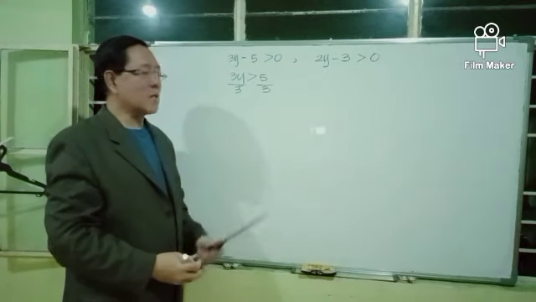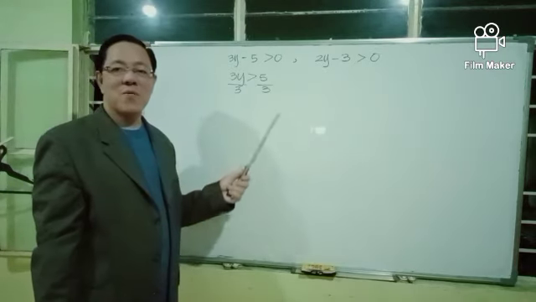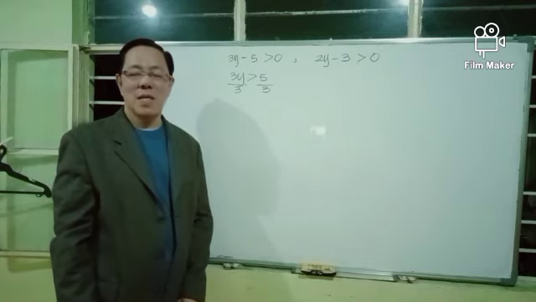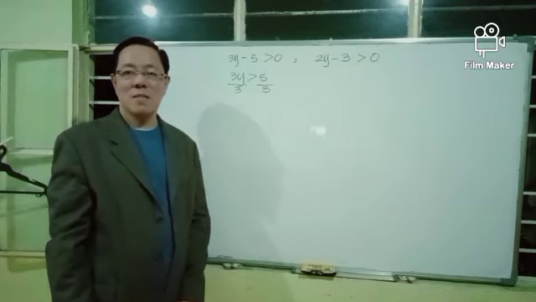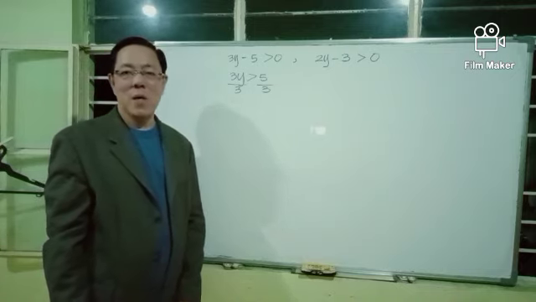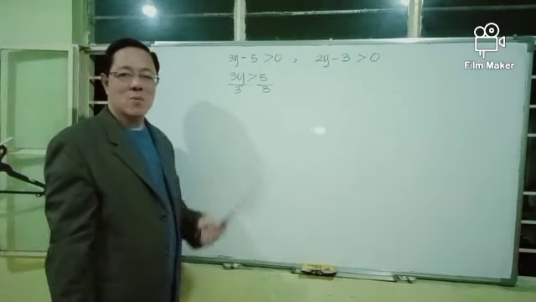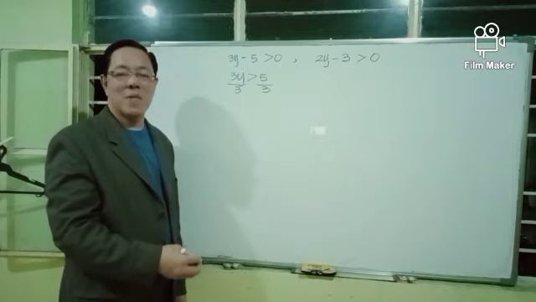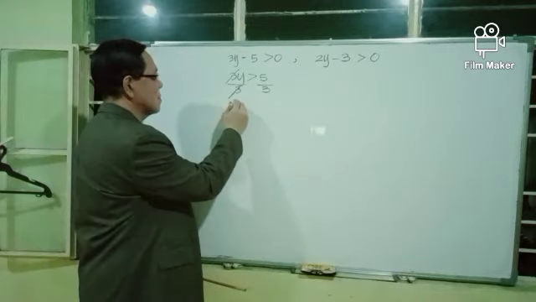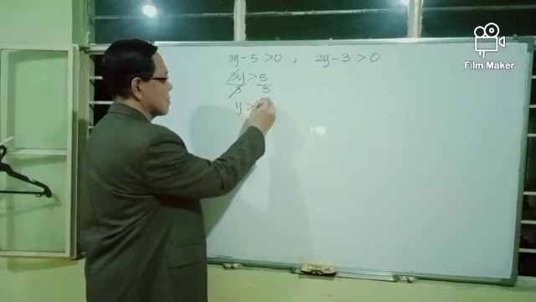And the inequality sign greater than will remain greater than because by the division property of inequality, if you divide both sides of an inequality by a positive real number, the inequality remains true and the inequality sign remains the same. And 3 over 3 is 1, so we simply cancel out 3 from the left-hand side. And we get y greater than 5 over 3.